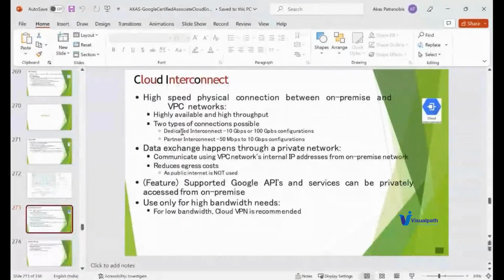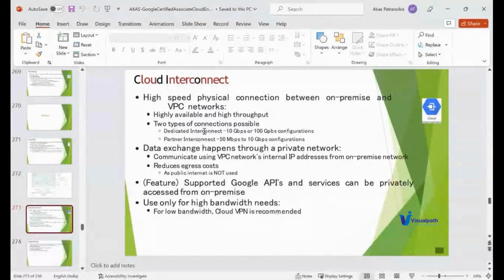With dedicated interconnect, you can think of it as these cloud interconnect connections being used only for your infrastructure, meaning only for your on-premise data centers and your cloud data centers. No other third party or external customers or clients can use your cloud interconnect.